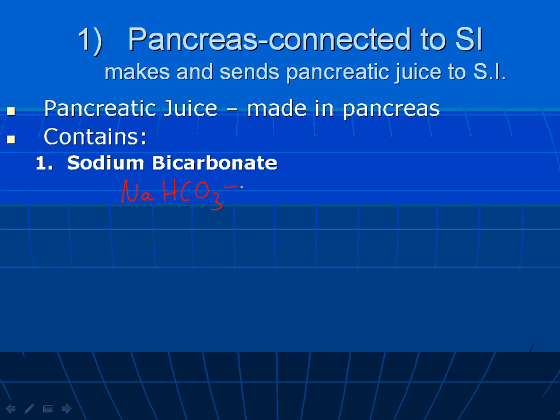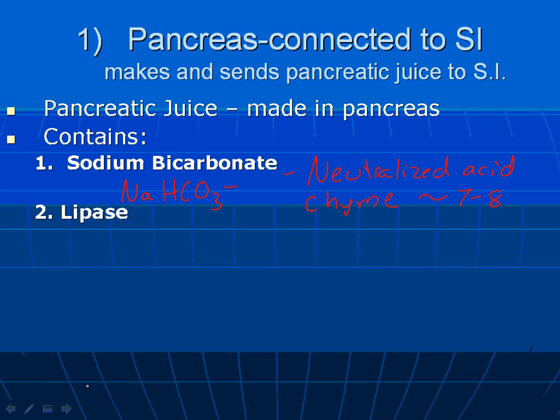What this buffer does is neutralize the acidic pH that comes from the chyme, so it gets it to a pH of 7 to 8. It reacts with all those hydrogen ions that are coming from the HCl.